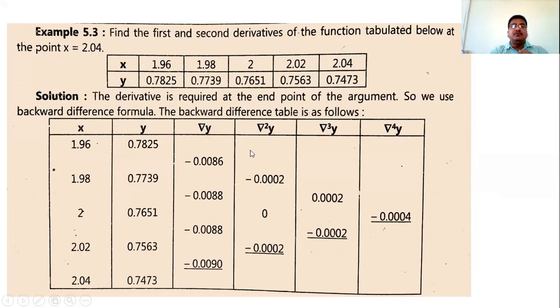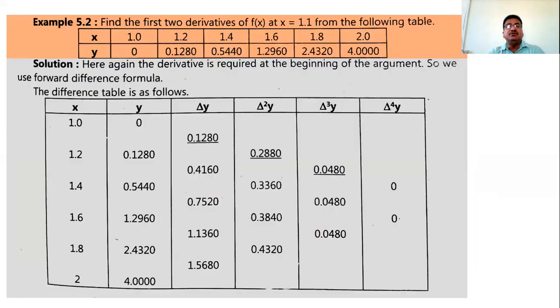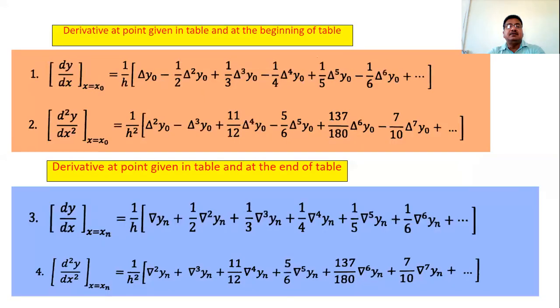Therefore, we have to use the formula of the backward difference operator. That is the derivative at a point given in the table and at the end of the table. So we have to use these two formulas to obtain the first order derivative and second order derivative at the last point.